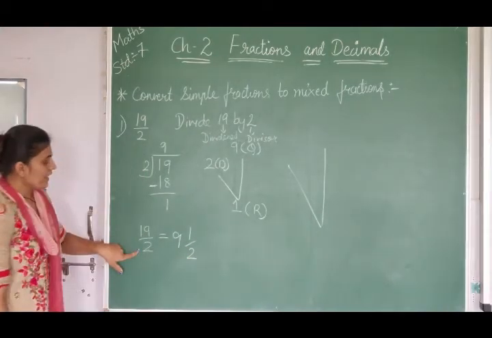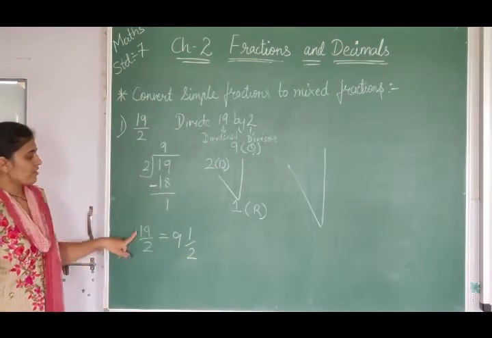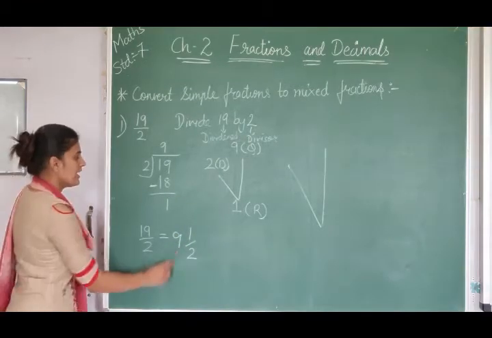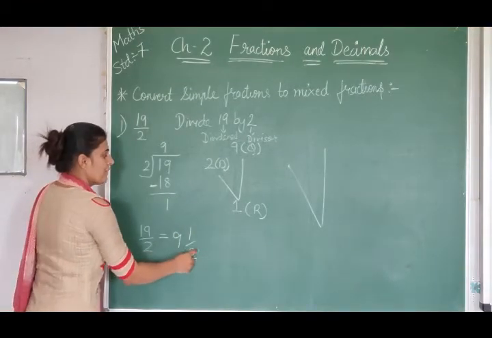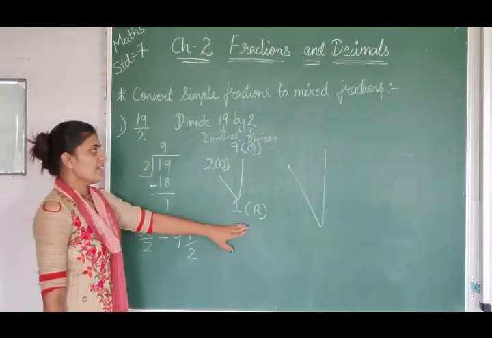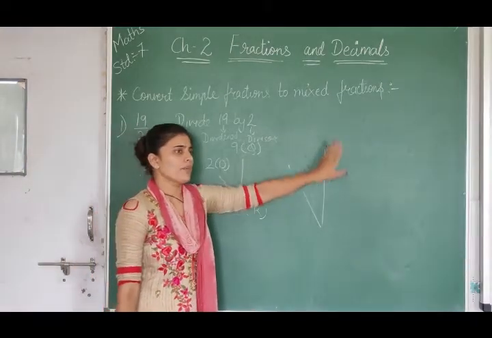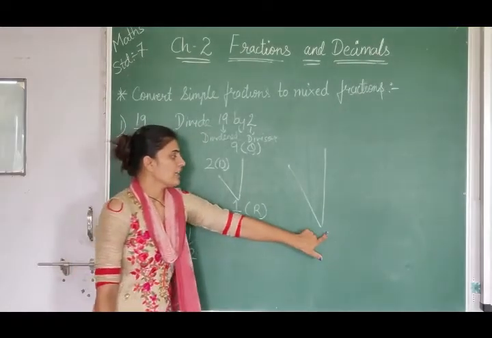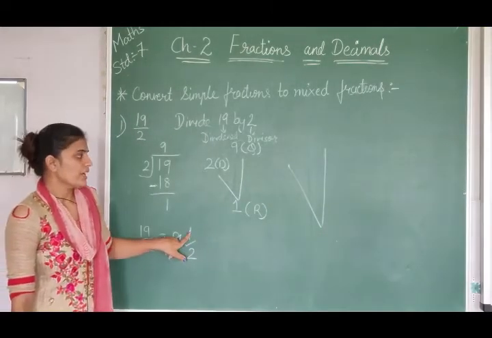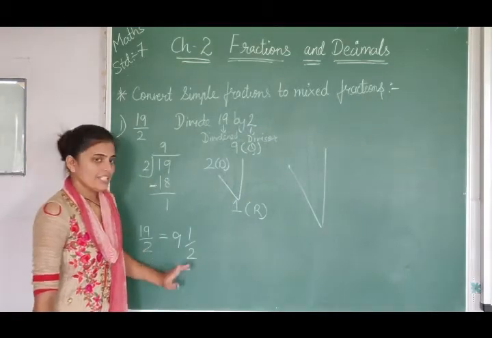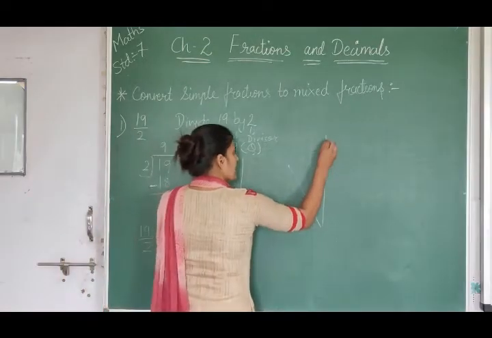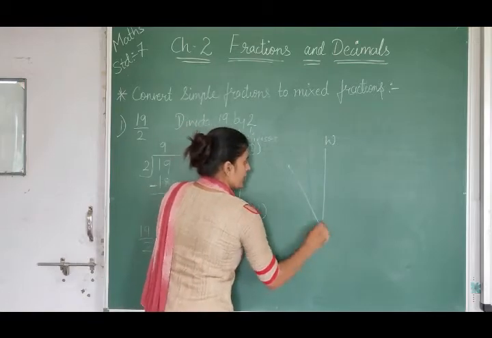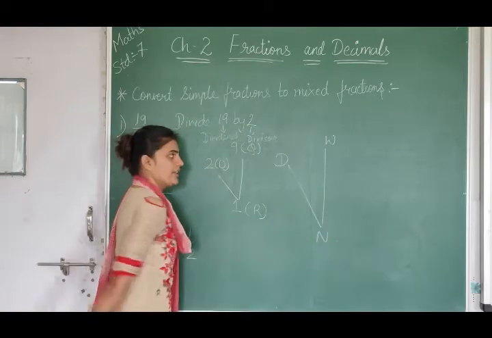So the mixed fraction of 19 by 2 will be equal to 9, 1 by 2. 9 is a whole number and 1 by 2 is a fraction. You only have to remember the reverse V. First put the whole number, after that the numerator, and last the denominator.